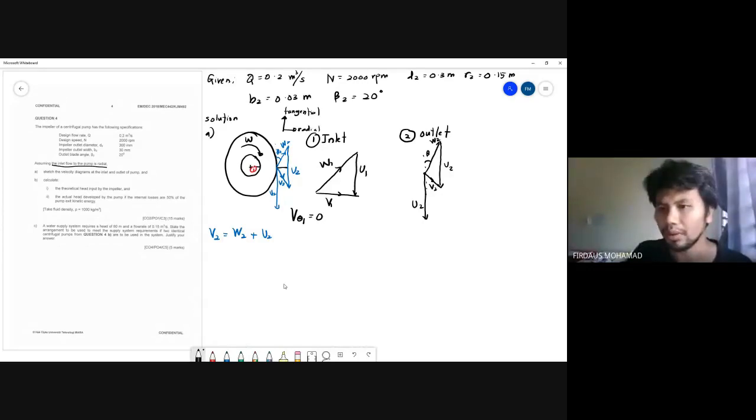So V2, the absolute velocity at the outlet, equals the relative velocity W2 plus U2, which is the blade speed.